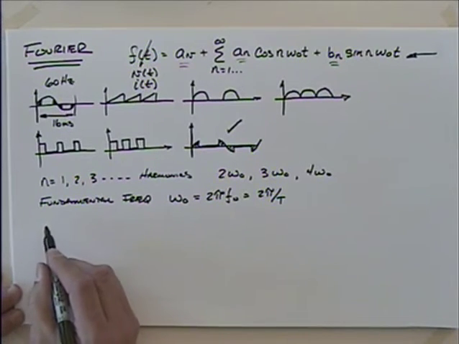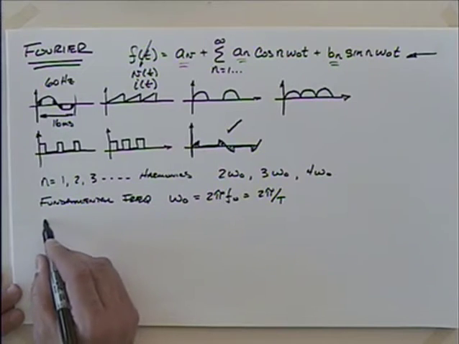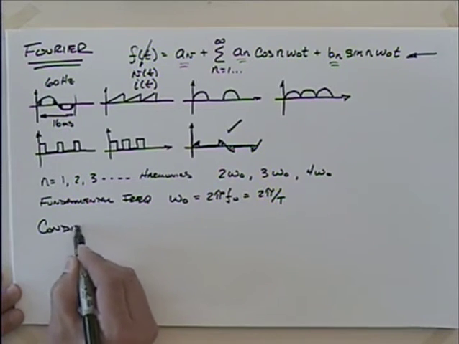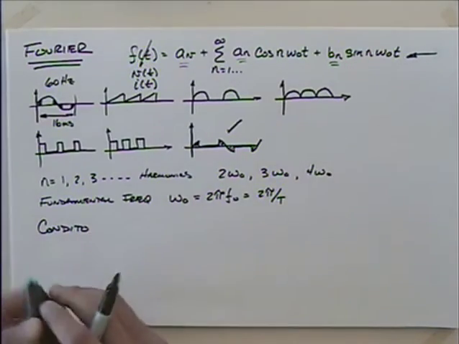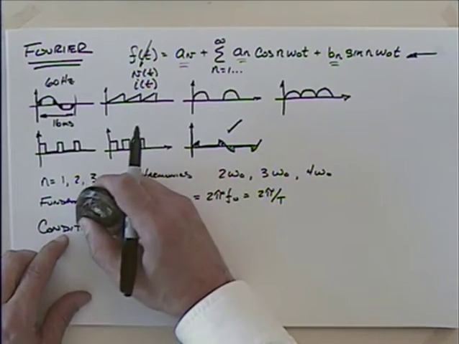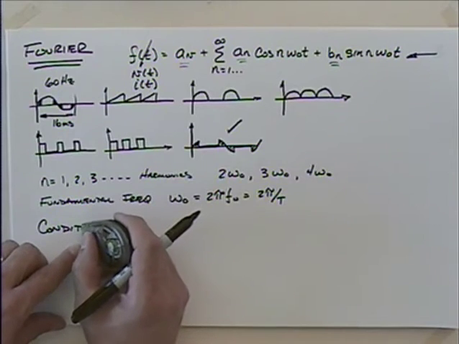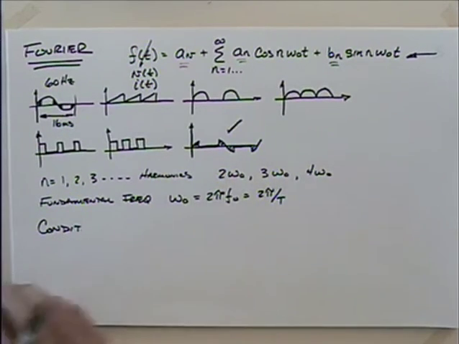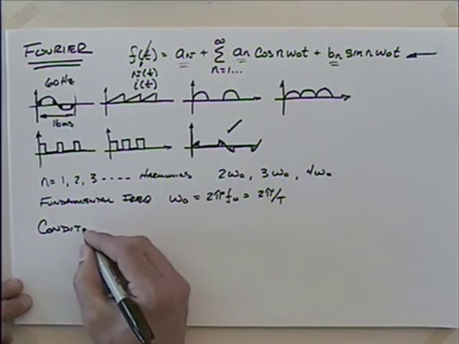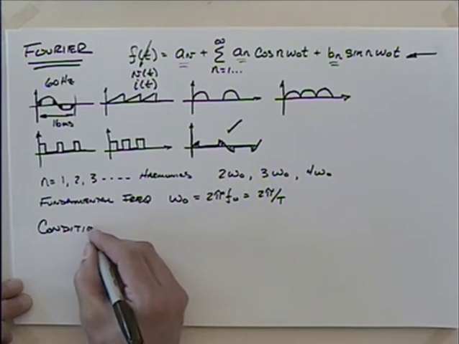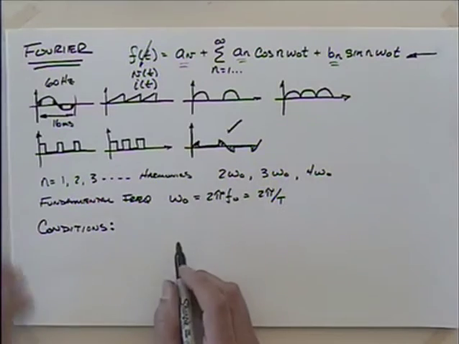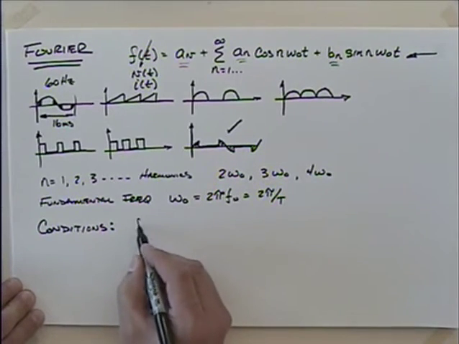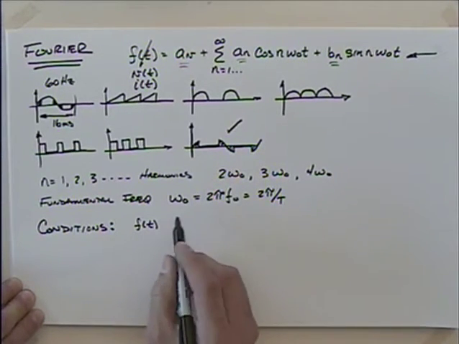So maybe we better talk about some rules. So, some conditions for the use of this. f of t has to be single valued.